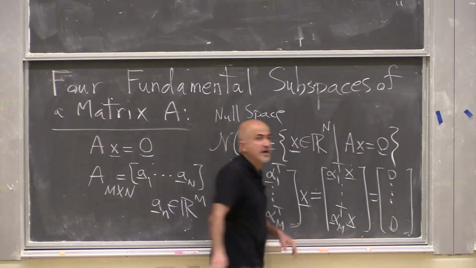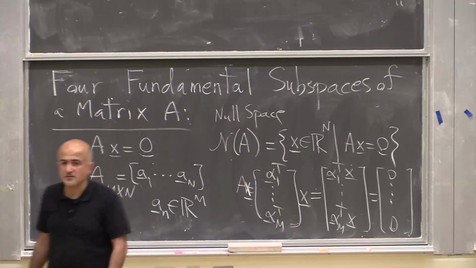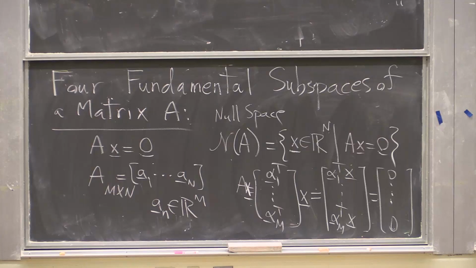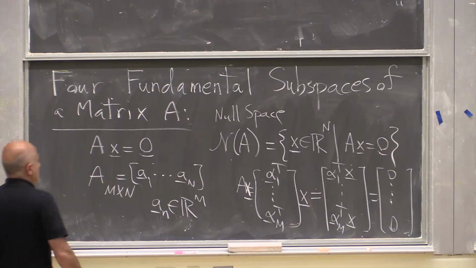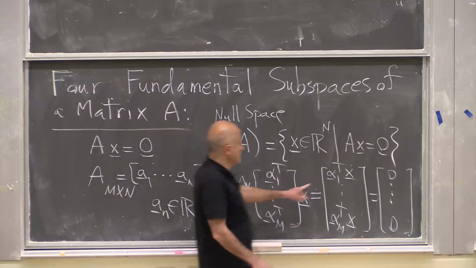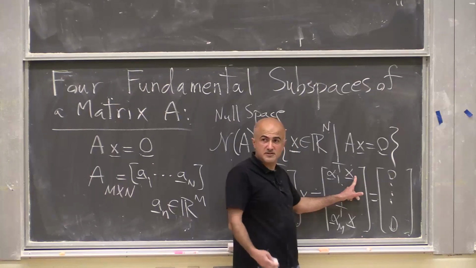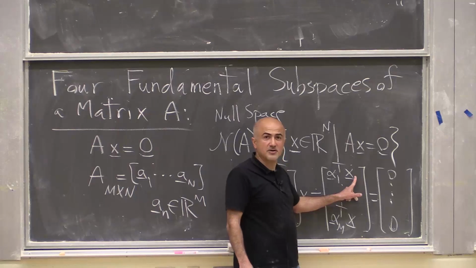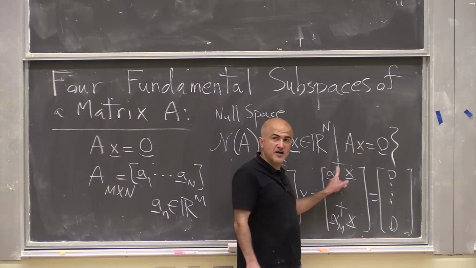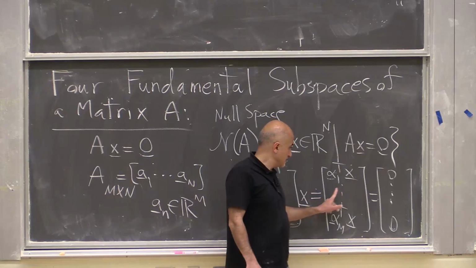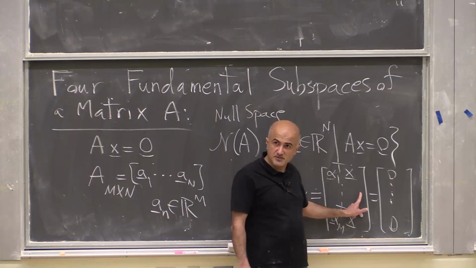What does that say about x and the rows of A? So I'm saying this is 0. But what is this? This is the inner product of the first row with x. Second one is the inner product of the second row with x.